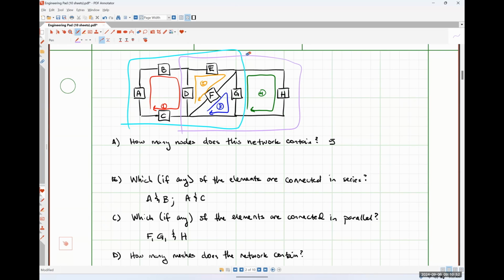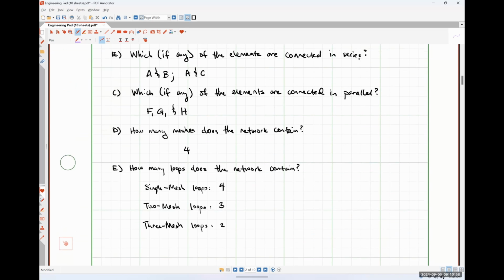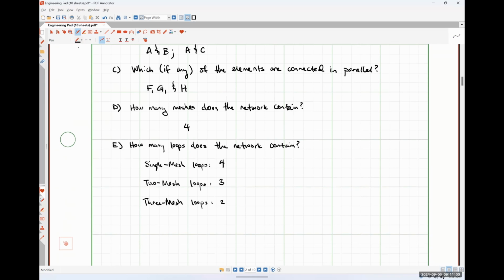And then lastly, how many 4 mesh loops do we have? Just the one around the perimeter of the circuit. Adding all of those together is 10 total loops.